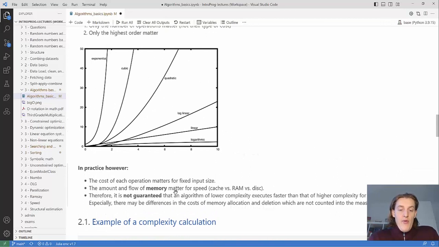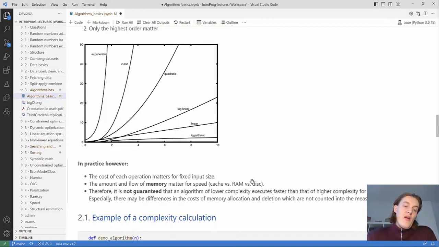Then there's the thing about memory. You might be able to save some number of operations if you store a lot of data in memory and just use whatever you stored for later. But this will not necessarily increase your speed, because taking things in and out of memory matters, and also where it is stored on the computer.